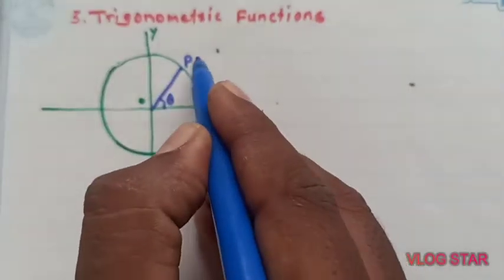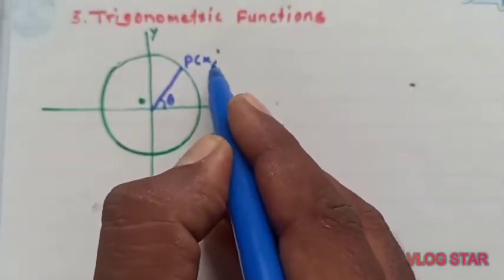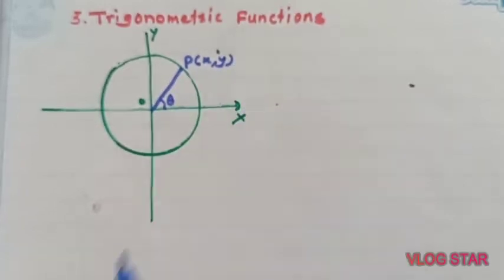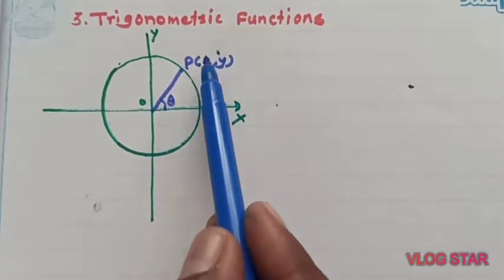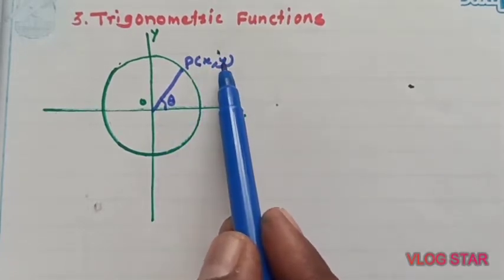So with respect to P we have coordinates x and y. As you know, if I change this theta, there is a variation in x and y.